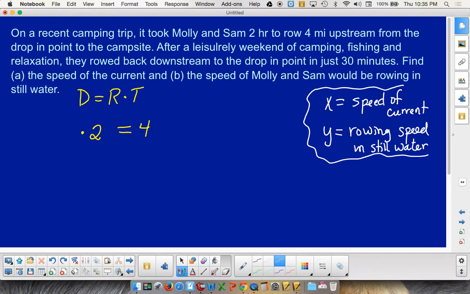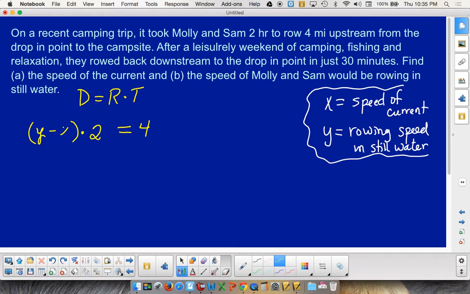How fast are they moving? Well, the speeds are all over here in our variables. The current's doing x, they're rowing at y. Okay, if you're going upstream, what's going to happen to you? They're going to slow down. Their speed is slowing down by the current. So I know I need to subtract the two, but is it x minus y or y minus x? Well, they're going y and they better be going faster than the current.